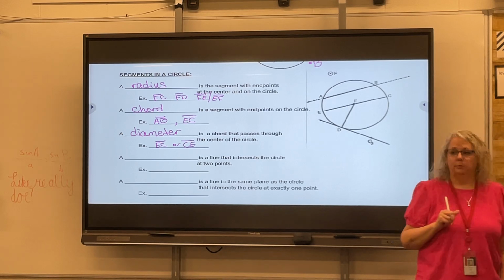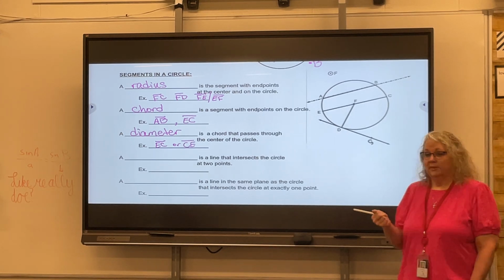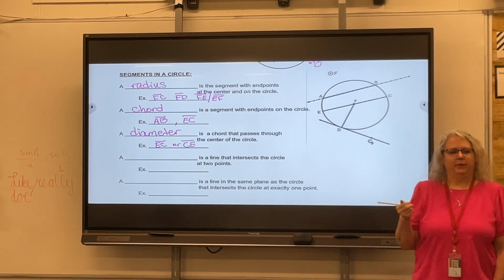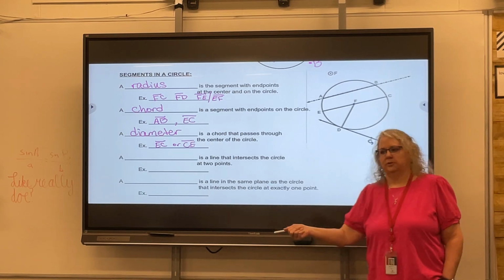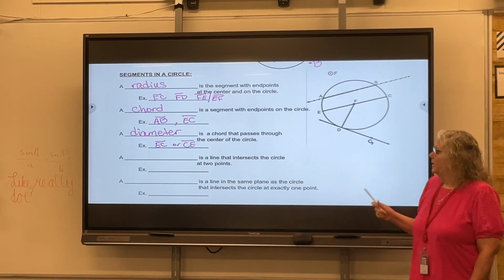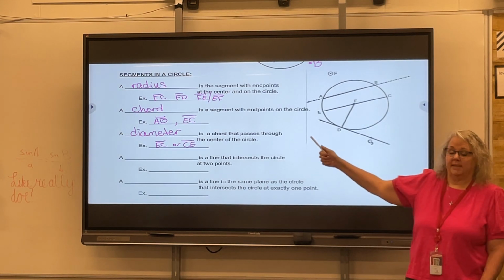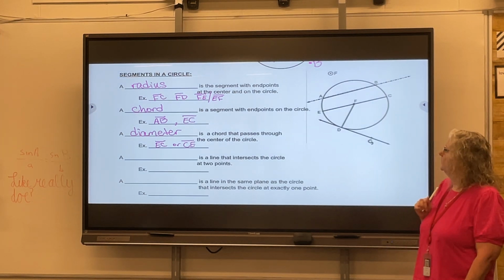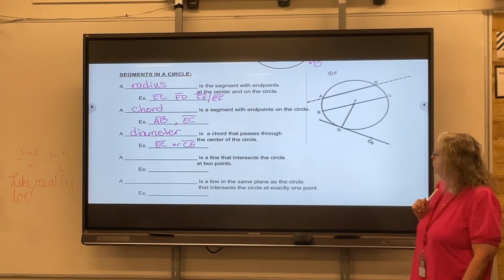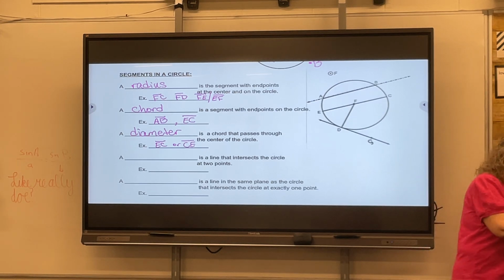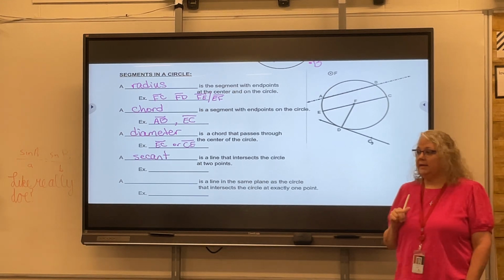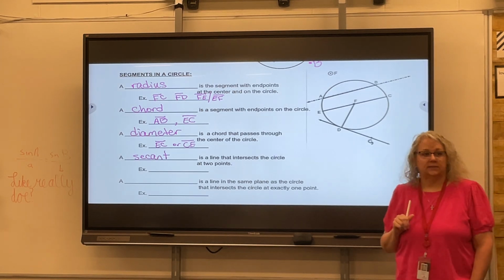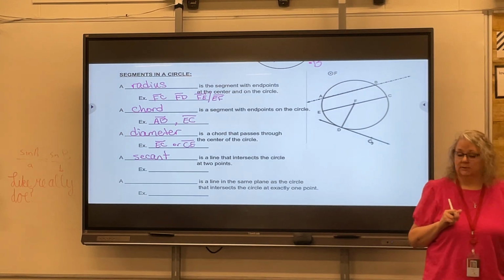Then we have two new words that you've seen before. Why they picked these two words, because we use them in the trig part, I don't know. But a line, so now we're not segments anymore. The line that intersects the circle at 2 points is called a secant. A secant is the line that intersects the circle at 2 points.